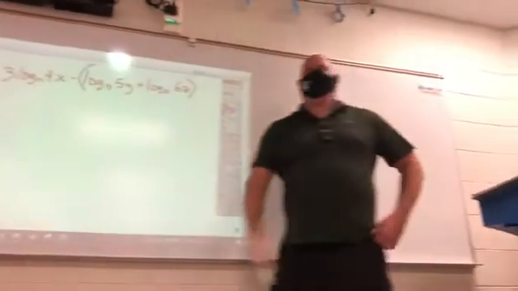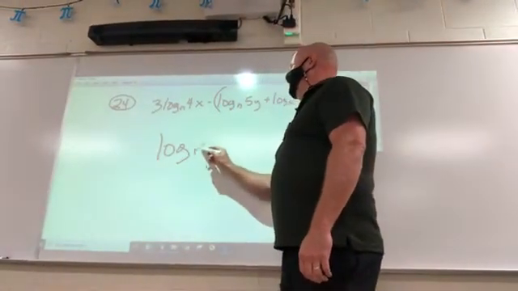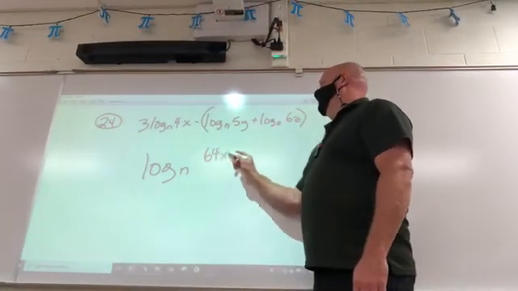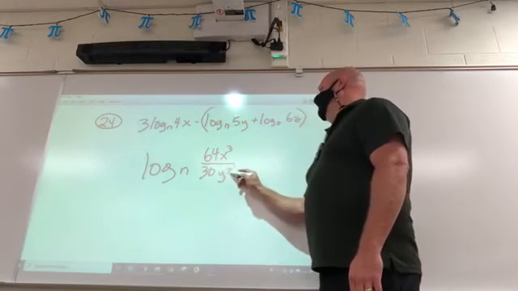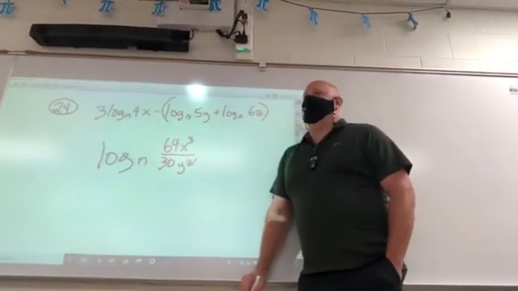And what I personally would write for a final answer is log base n of 64 x to the third over 30 yz, and then I might reduce that fraction. Where did I get the 64 from?